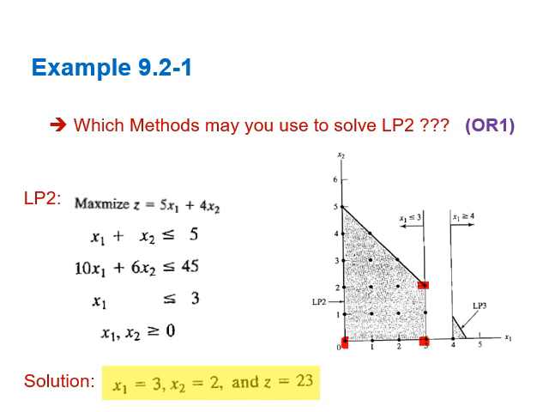Remember, we are considering LP2, not LP3, so this is not included, only this part. Which one of them is the best? If you look at your objective function, it goes in this direction. So this solution is your optimal solution, in which x1 takes the value of 3 and x2 takes the value of 2. And when you put these two values into your objective function, you get z equals 23. This is the solution of LP2.